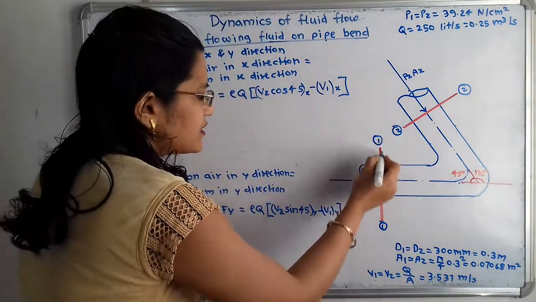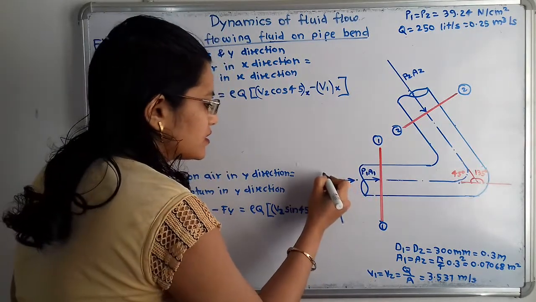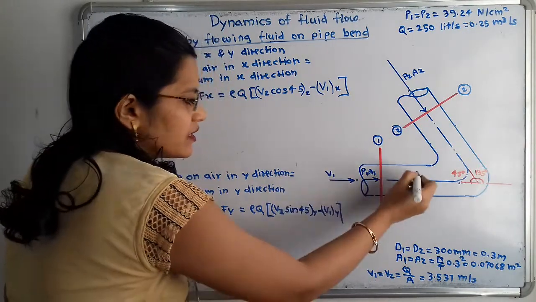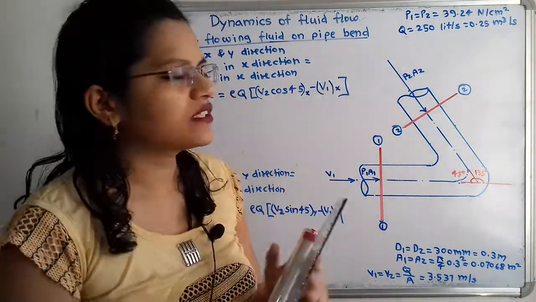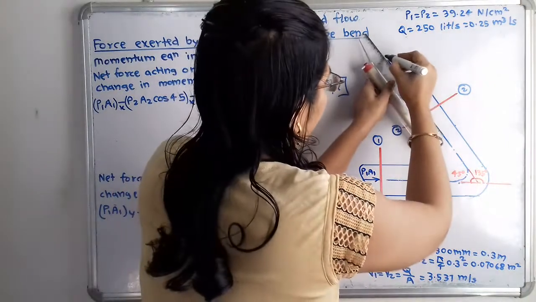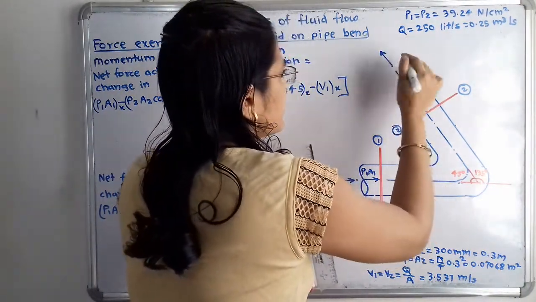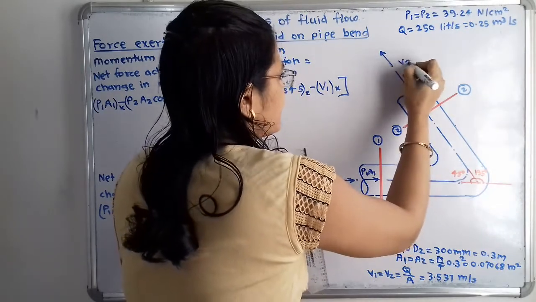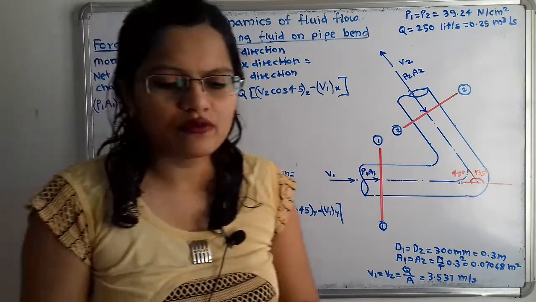At section 1, the direction of flow is V1, in the horizontal direction, and at the outlet the flow is in an inclined direction, so here is velocity V2. In this way we have to plot this data.